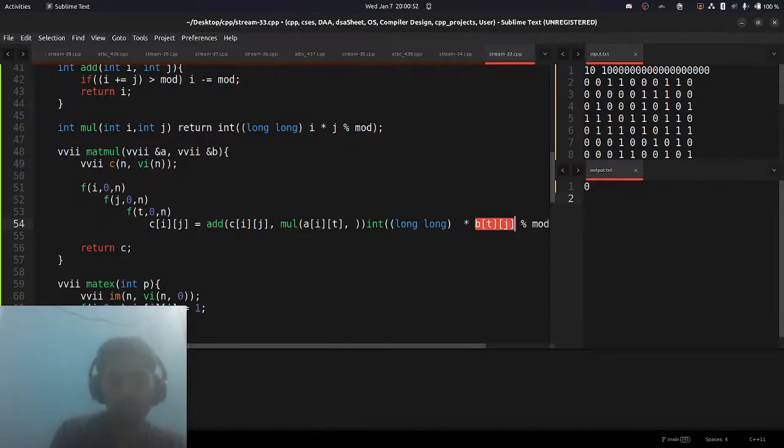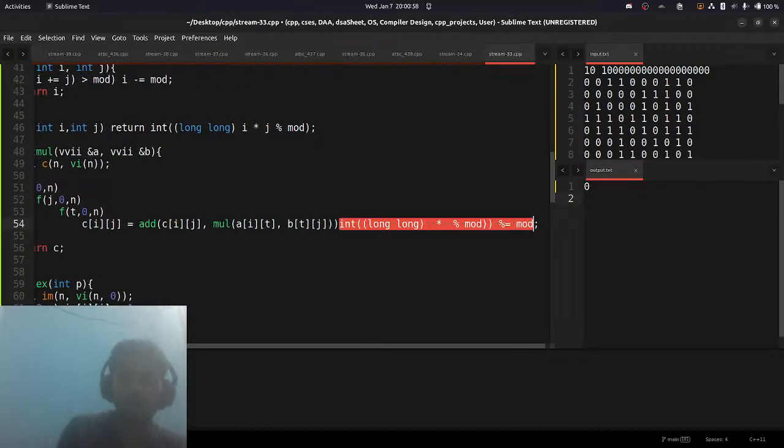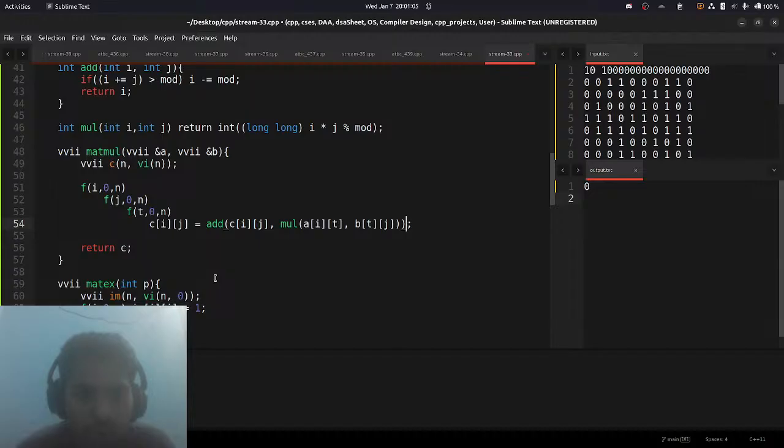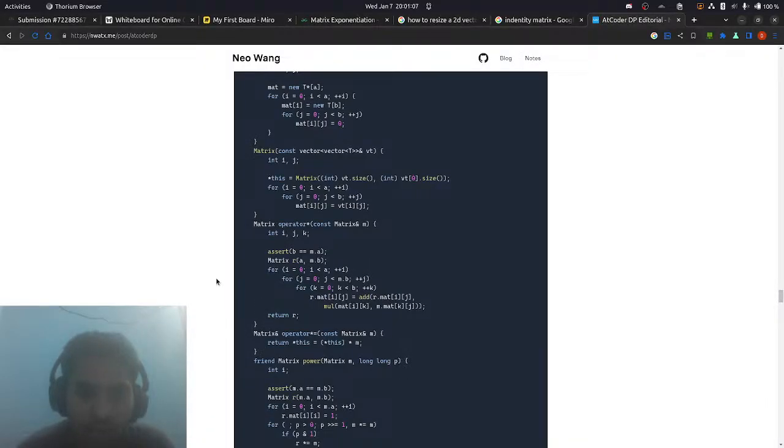I'm actually just copying and trying to see what I did wrong, because I don't think the solution itself is wrong, it's just the implementation part of it. So it is done. Okay, done.